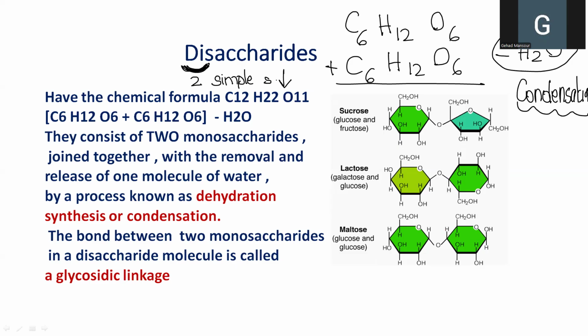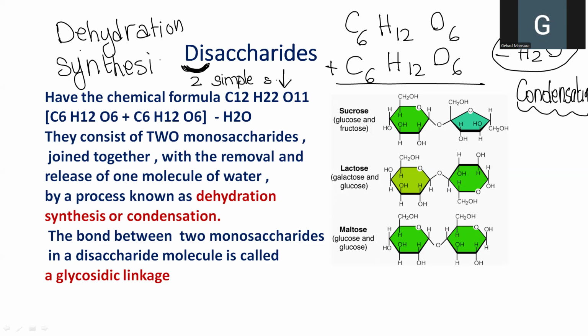This reaction is called a condensation reaction, but it can also be called dehydration synthesis reaction. Why? Because dehydration means that we remove water and synthesis means making. So we remove one molecule of water in order to synthesize or make a disaccharide molecule.